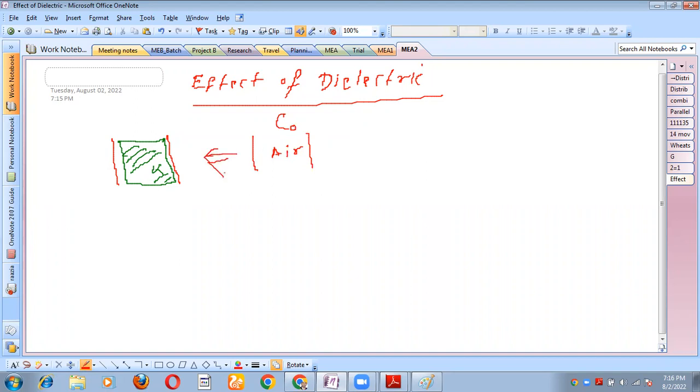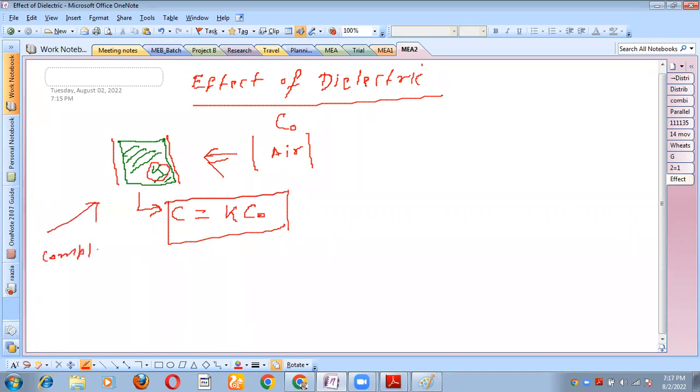Now this is filled with a dielectric of dielectric constant K. So the new capacitance will be what happens? It will become K times. It will become K C naught, if it is completely filled with dielectric.